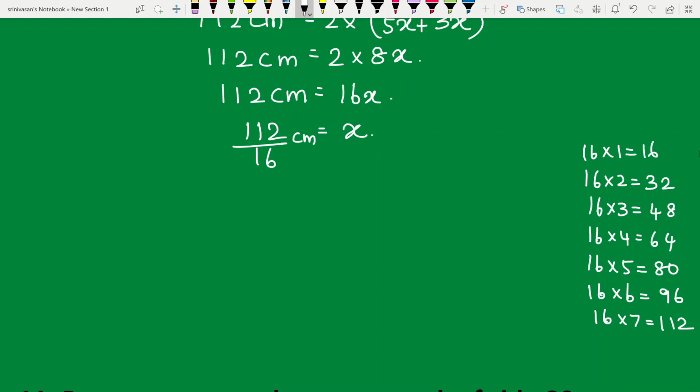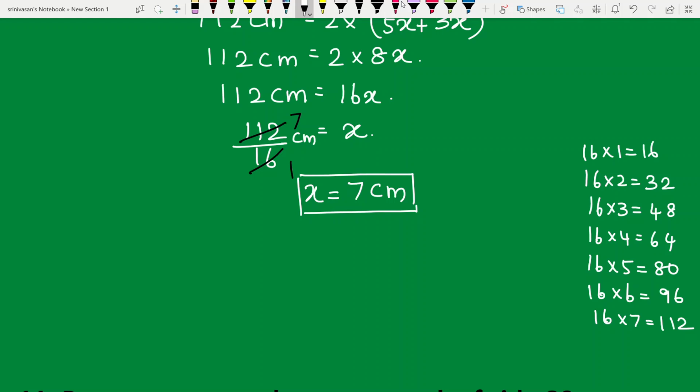So seventh term we are getting 112. So 7 and 16 ones are 16. So what is the value of x? It is 7 centimeter. Value of x is 7.